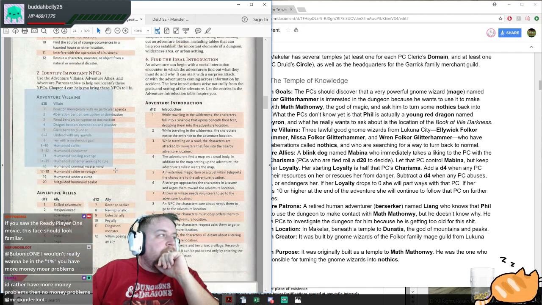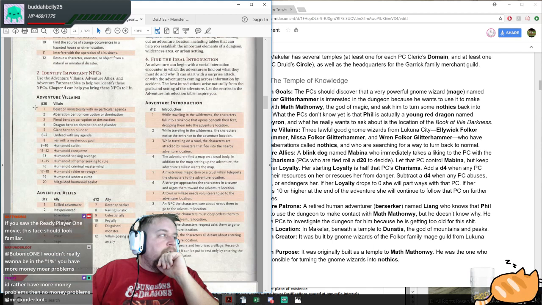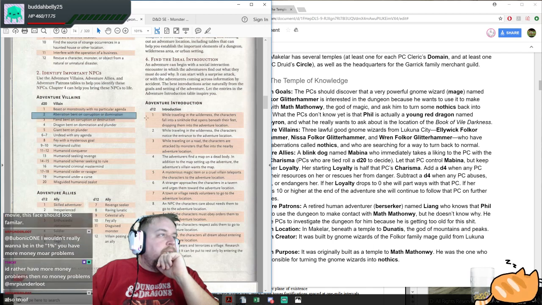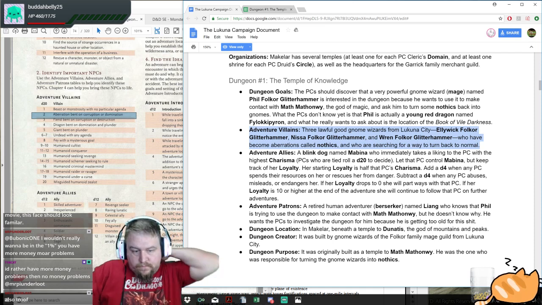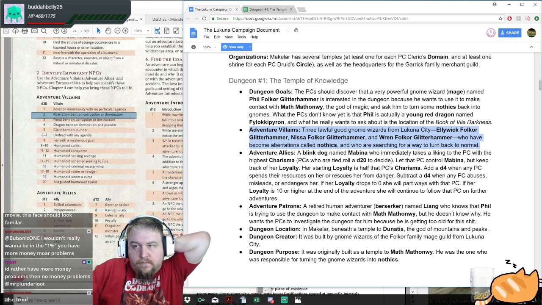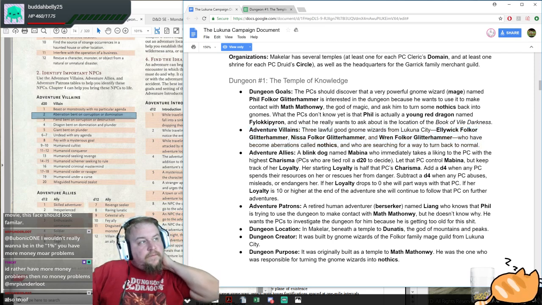And I rolled a 2 for adventure villains, which is an aberration bent on corruption or domination. So originally, this becomes PCs will discover why an aberration bent on corruption or domination is interested in the dungeon.